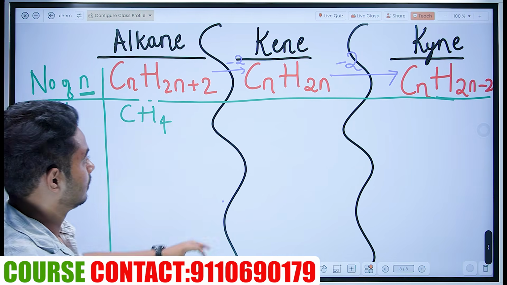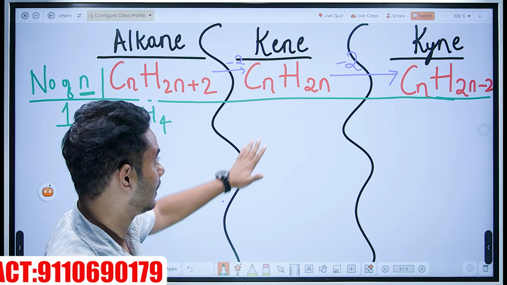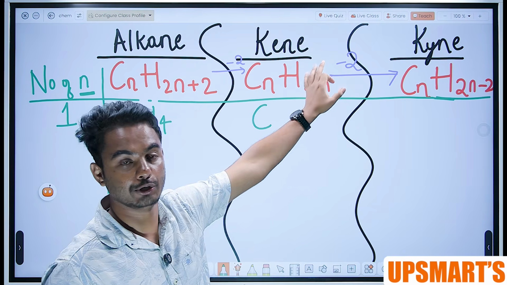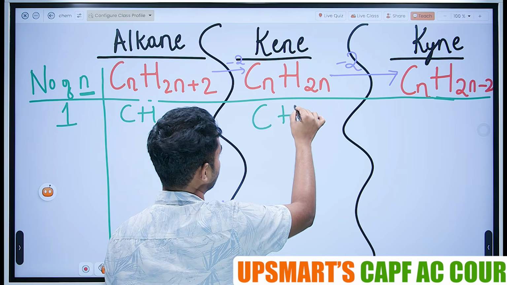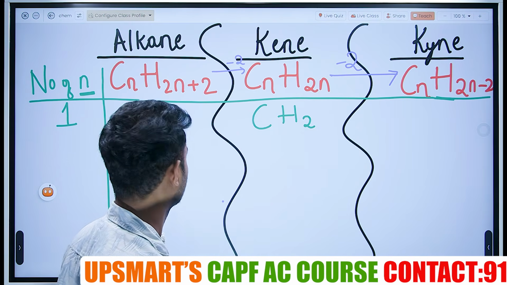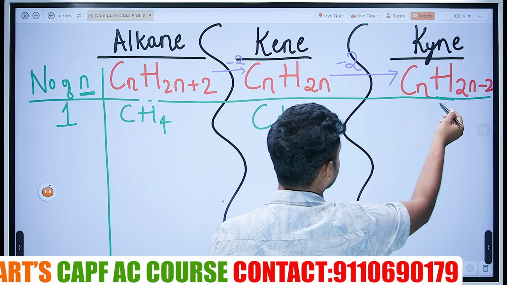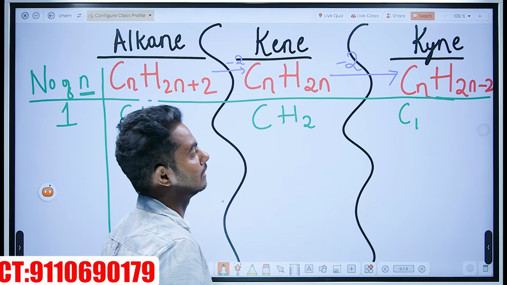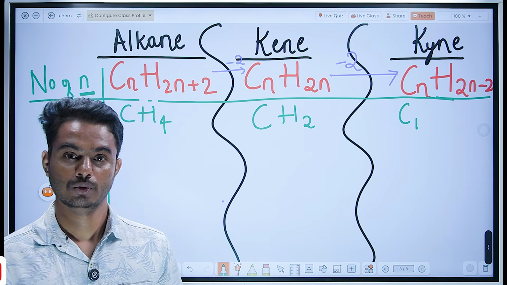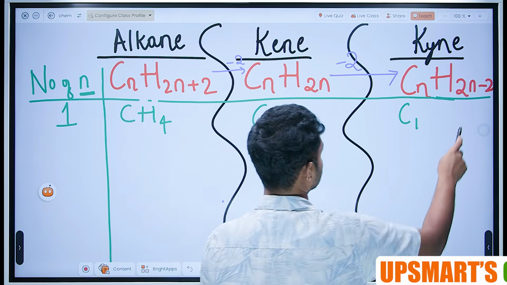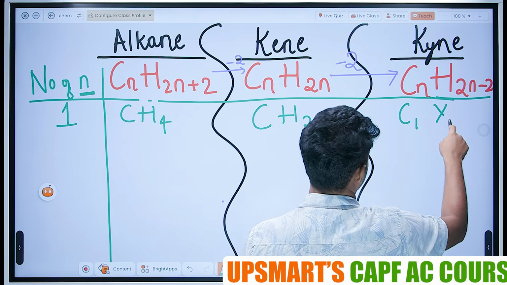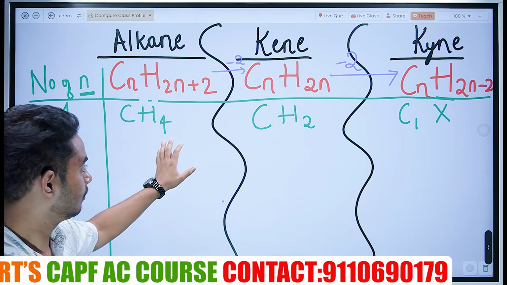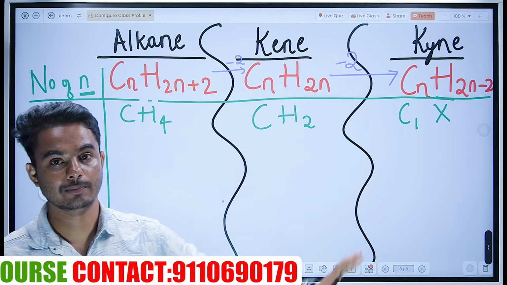Now substitute 1 in the alkene formula: C1, H2n, 2 into 1, so CH2. Now substitute in CnH2n-2: 2n minus 2 becomes 0, so only C will be there.